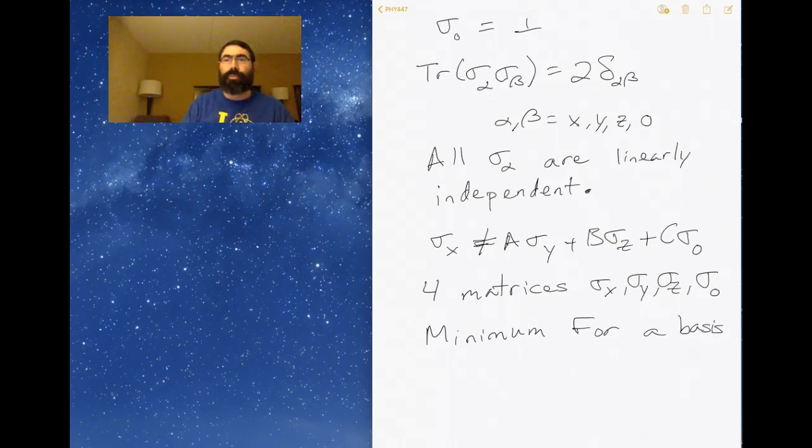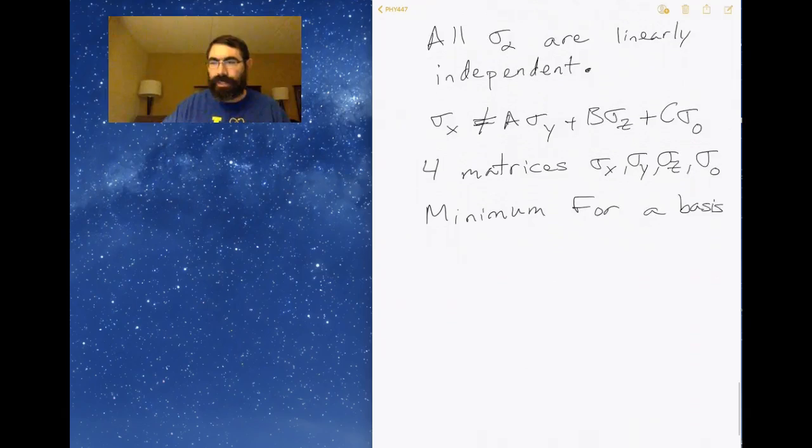With these 4 matrices, we can now write down a basis for spin. Now we can make other matrices which are built out of the Pauli spin matrices, but I can't write any of the four in terms of the others. They're all independent of each other.